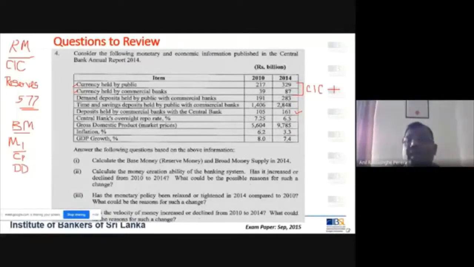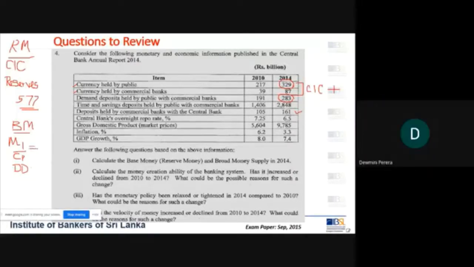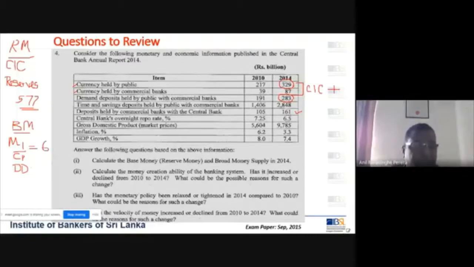So if you take currency held by public, that is 329. Demand deposits held by public with commercial banks, 283. So the sum of these two is how much? M1. 612 billion. 612 billion, correct. Now we have M1. Out of M1, how do you get broad money? What is the next step?